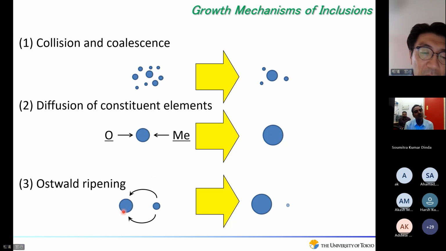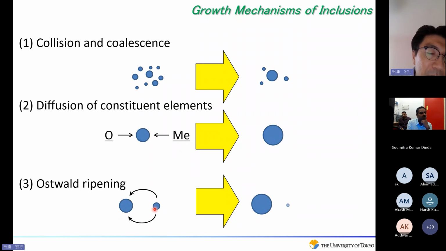This is just a situation where you have two oxide inclusions. Say both are alumina, so the material is the same, but the size is different. Because of the different curvature of the particle, the solubility of the smaller particle is larger. Once these small particles slightly dissolve into the molten metal, those dissolved elements are transferred and consumed in the growth of the larger particles.